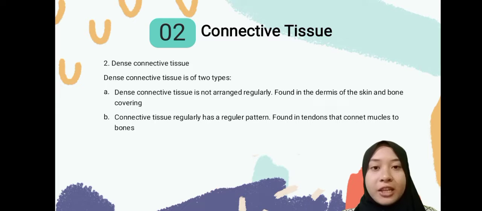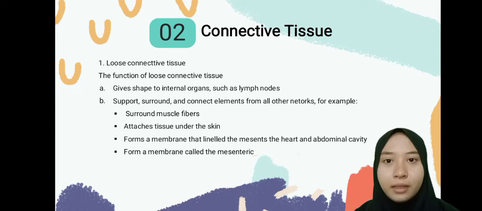Connective tissue classification. The first is dense connective tissue. Dense connective tissue is divided into two types, namely irregular connective tissue and regular connective tissue. The second is loose connective tissue. The function of loose connective tissue is: 1.